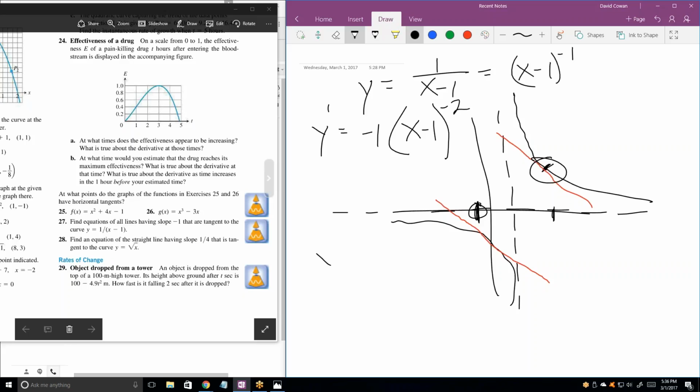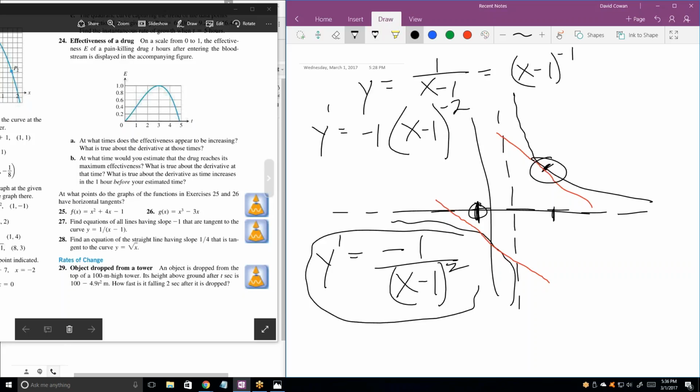So y prime is equal to minus 1 divided by x minus 1 squared. First of all, make sure you know how I got that. Okay. In other words, I applied the power rule, and then I just put it in as a positive exponent. This is the same as what I've circled.